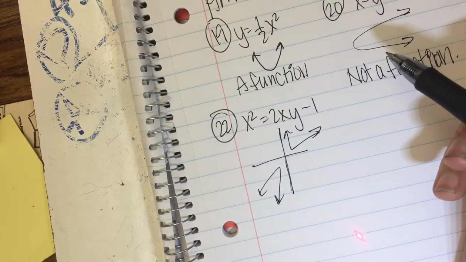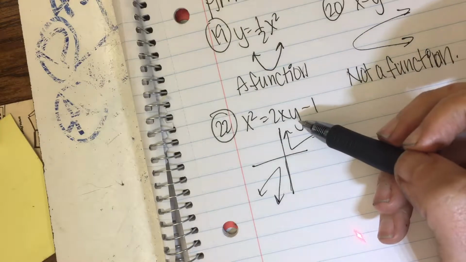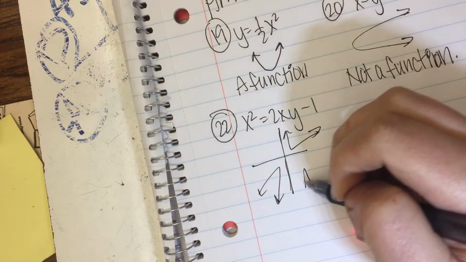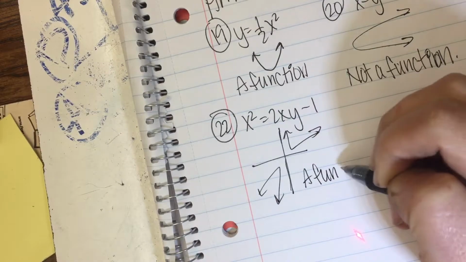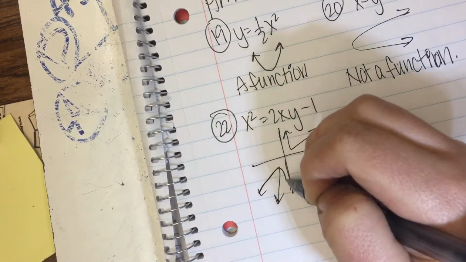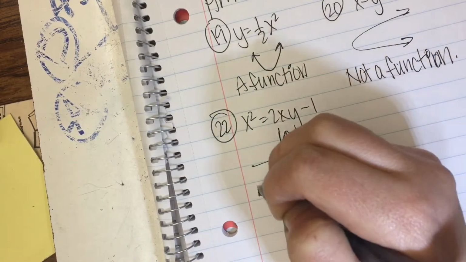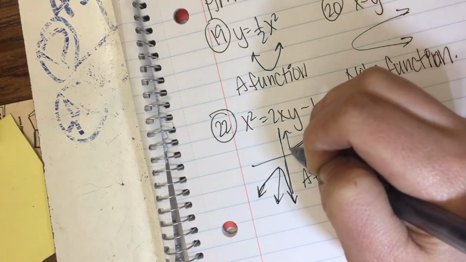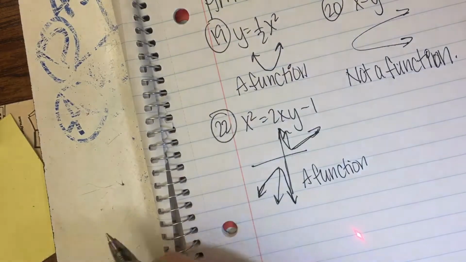It's kind of hard to tell, especially with my wacky drawing. Also, it does not have a y squared, so this is a function. Okay, so I kind of drew this a little too wacky. It should look like that. And then it should go very subtle like that.